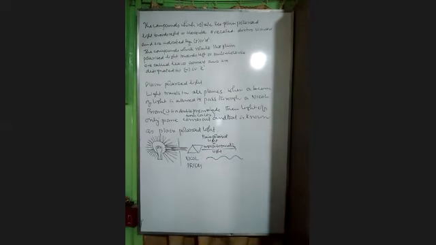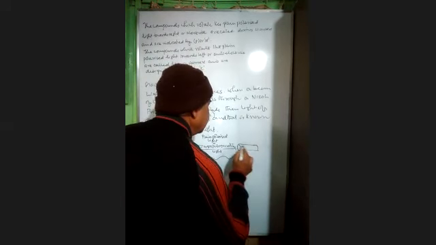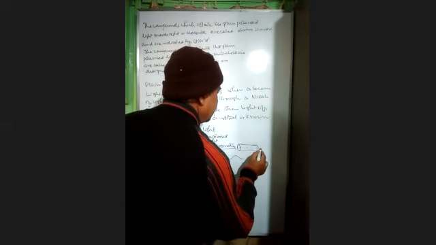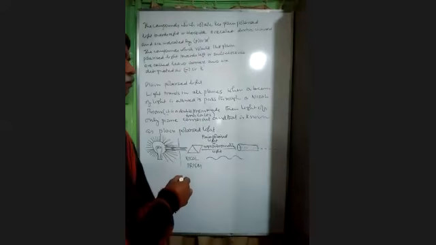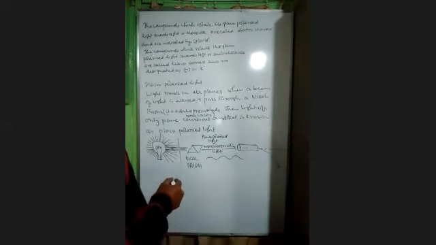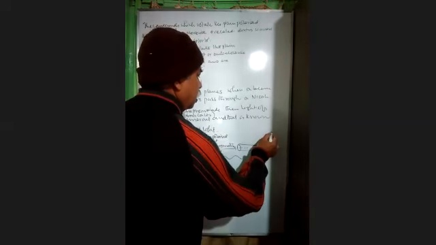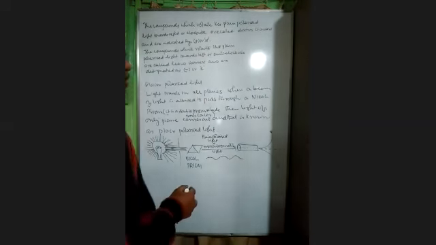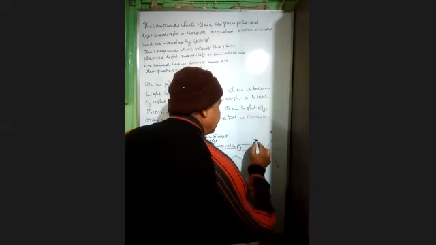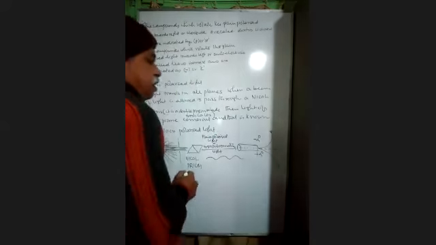Okay, now what will happen? See here. I allow this light to pass through a tube containing the solution. The light is supposed to travel and go out straight. But there are some compounds which will rotate it clockwise or anti-clockwise, say, by plus alpha degree and minus alpha degree.